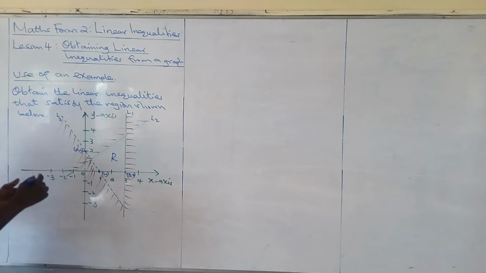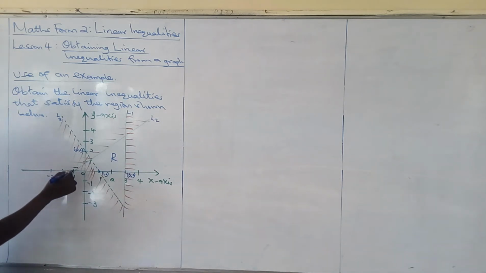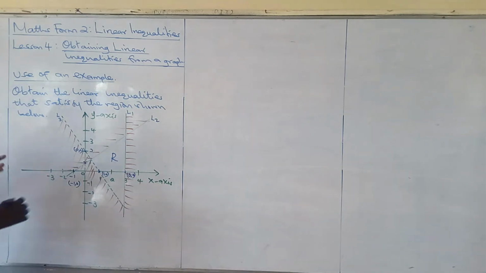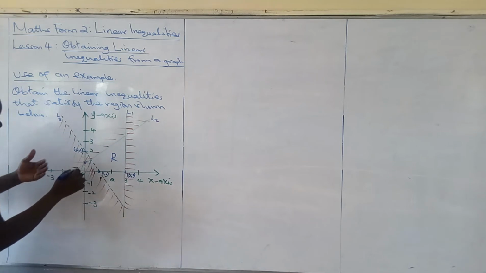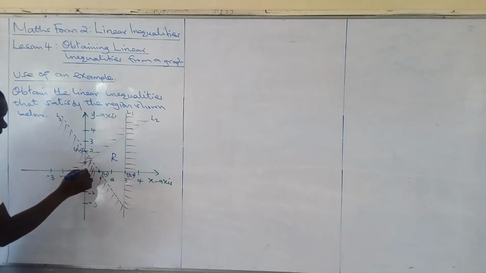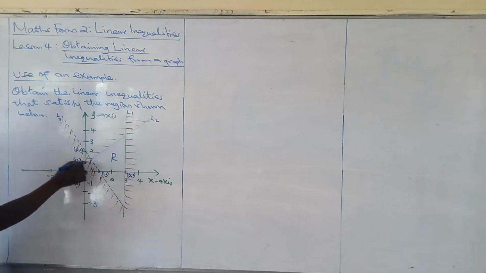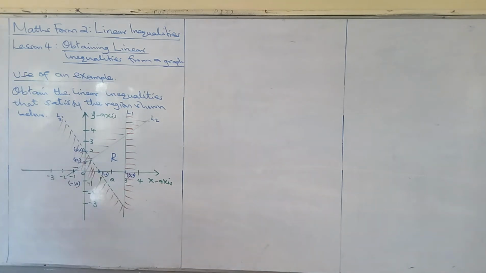One given point here is minus 1, 0. And this given point here, we can approximate and say is 0, 1.